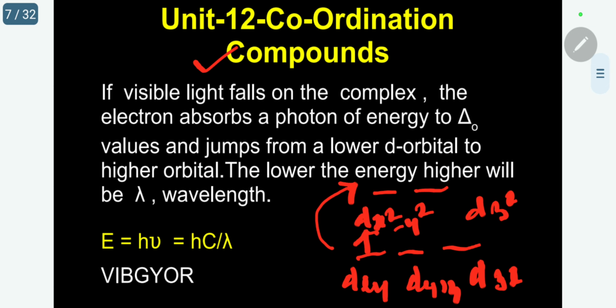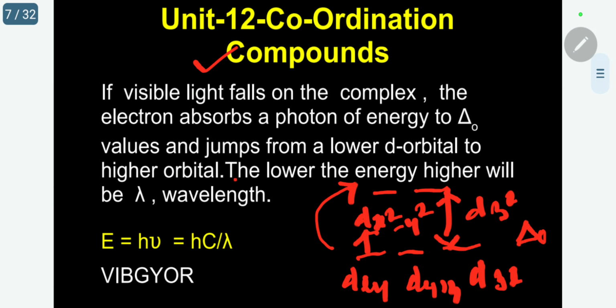If visible light falls on the complex, the electron absorbs a photon of energy, so that the difference is delta 0, the difference between the higher and lower energy orbitals, and it jumps from a lower d orbital to a higher orbital. The lower the energy, the higher the lambda.